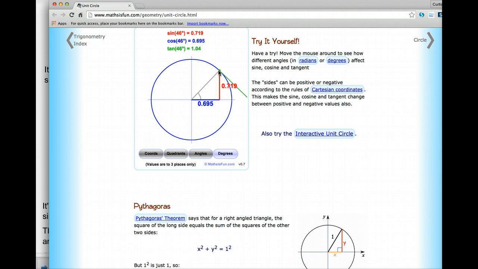So what that implies is that this green dot not only has an x and a y, but those numbers also stand for the cosine and sine. What do I want you to get out of this? Sine goes with the y coordinate. So right now the y coordinate is 0.97, and the sine would be 0.97, because if you do opposite over hypotenuse, you do 0.97 over 1. Important to remember the hypotenuse is 1.